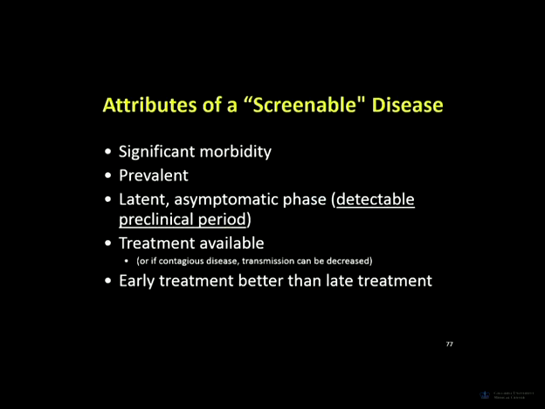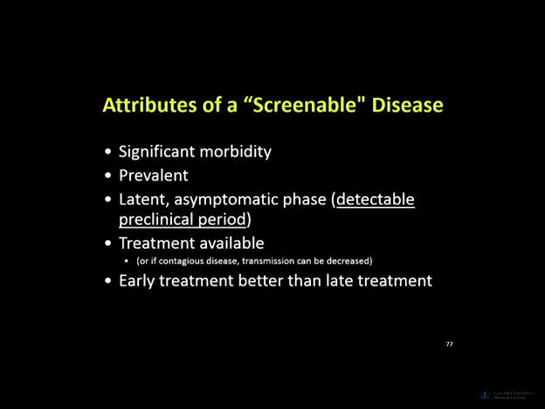Okay. So what are attributes of a screenable disease? It has to be a disease that's important, with significant morbidity, that it matters to patients. It's something they want to avoid. It's not just a label, but actually something that could either kill them or give them significant symptoms in the future.